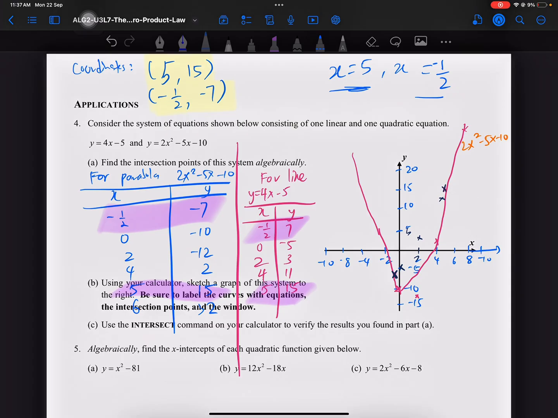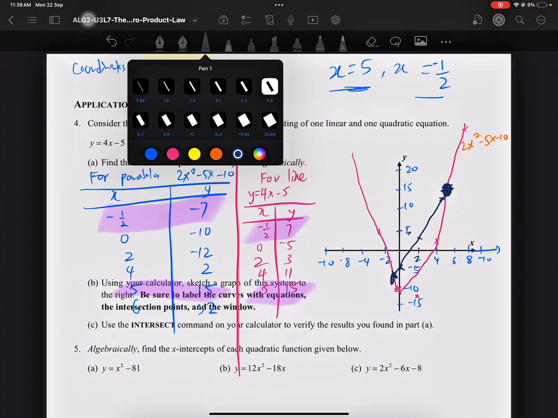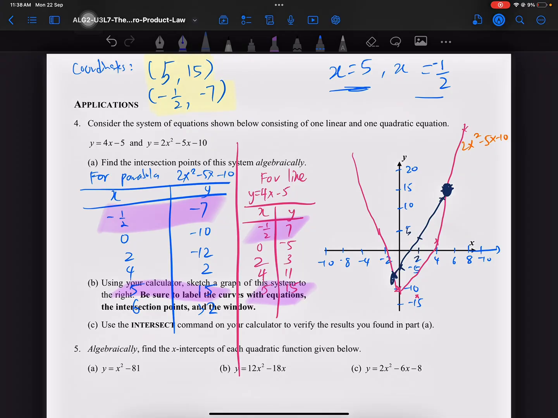So it is quite straight like that. Okay, so this is the intersection point, this one and this one. So I need to label the line. This is y equals x minus 5. This is y equals x squared minus 5x minus 10.